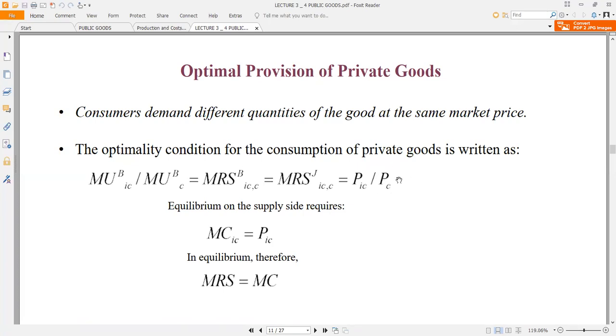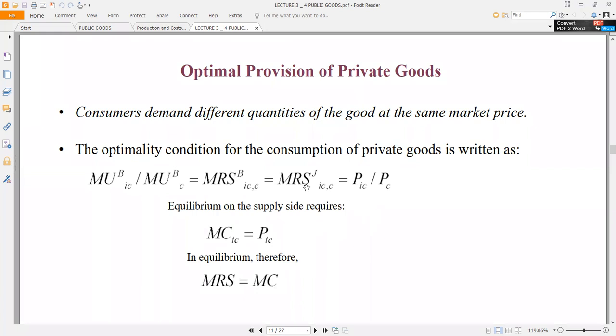Now, when we normalize PC, assuming we take the price of C to be 1, what this means is that the marginal rate of substitution for the two individuals must be equal to the price of whatever first good they are talking about. Now, the firm will only produce when marginal cost is equal to price.